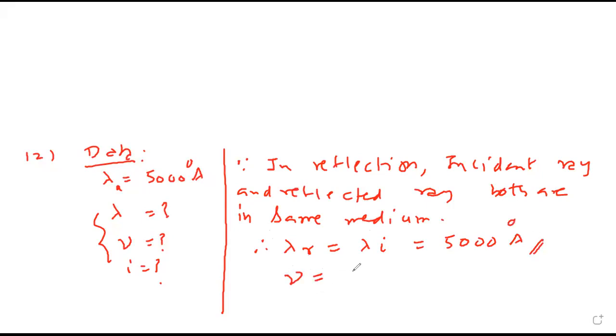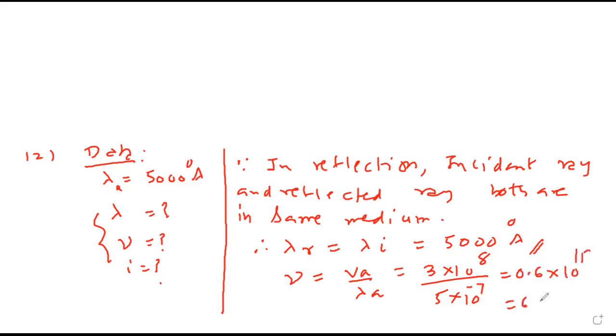Frequency is V in air upon lambda in air, that is 3 into 10 raised to 8 upon 5 into 10 raised to minus 7. 0.6 into 10 raised to 15, so 6 into 10 raised to 14 hertz.